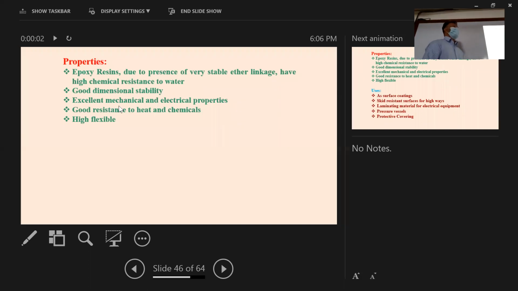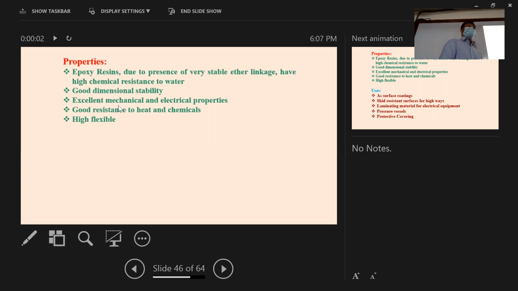When we put a dress or something like this in water, it absorbs water because it makes hydrogen bonds with water. But this resin does not form hydrogen bonds with water. Therefore, very stable ether linkages give high chemical resistance to water, and good dimensional stability. You can keep it in any shape and it will remain for a long period of time.